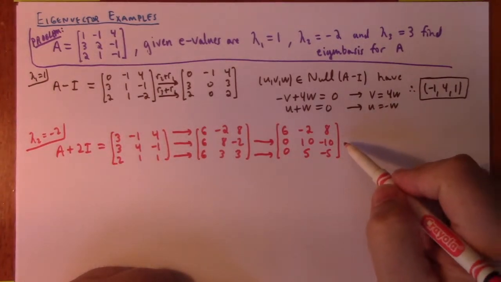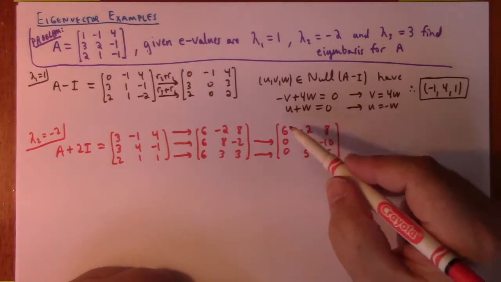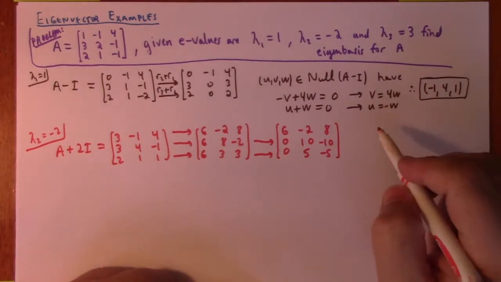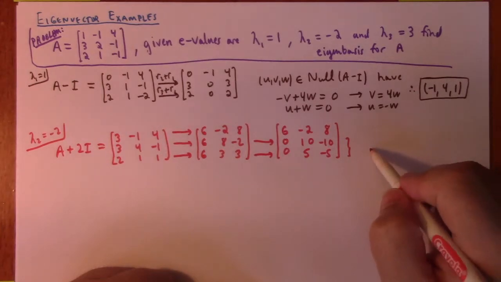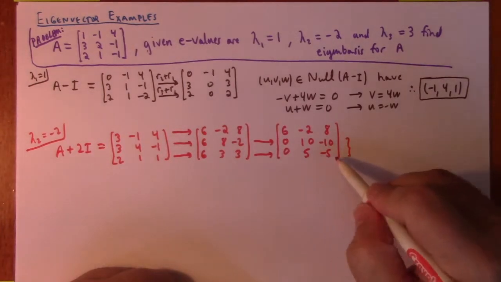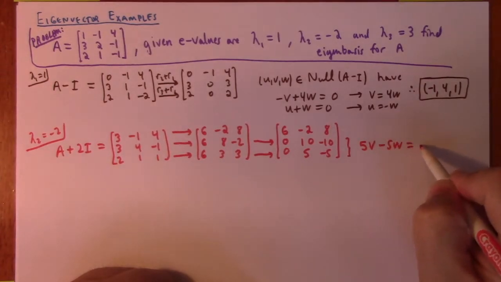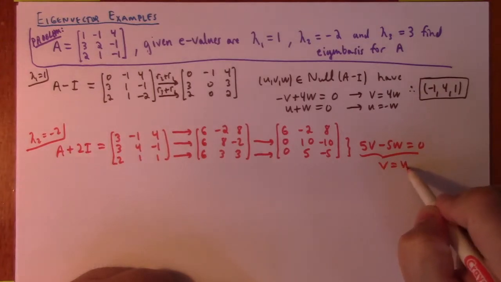I can already see that the last two equations are redundant. They're the same equation, and maybe the first one is genuinely different. The last one would be literally 5V minus 5W equals 0. So I would take from that V is equal to W.